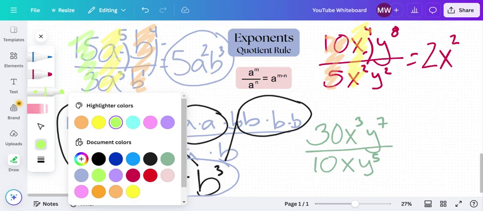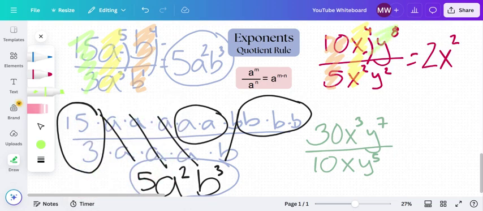And then we'll do the third part of our problem, the y's. So we've got y to the 8th over y to the second, which our quotient rule tells us we should be subtracting 8 minus 2. So my new exponent for y is 6. So my final answer for that one is 2x to the second, y to the sixth.